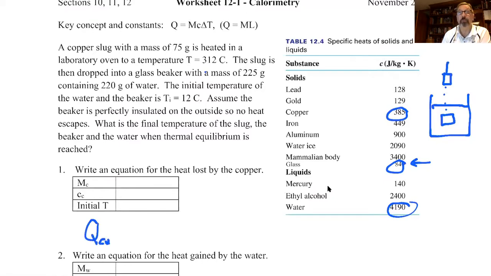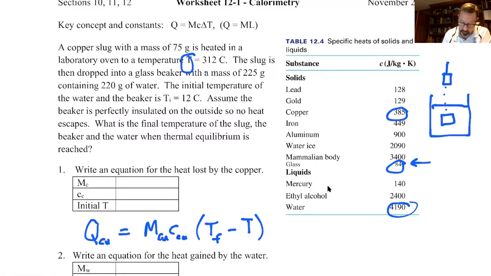And you better subscript things, otherwise you'll be getting yourself confused. It is equal to the mass of the copper times the specific heat of the copper, C sub copper, times the change in temperature of the copper, which is the final temperature minus the initial temperature. And I wrote that without a subscript, so it was just T.